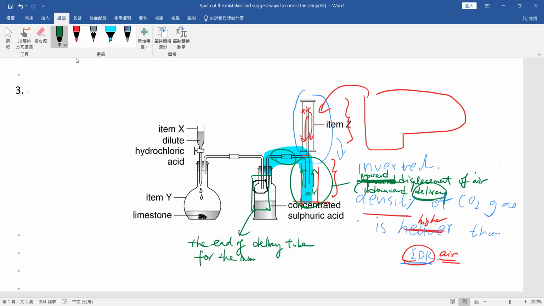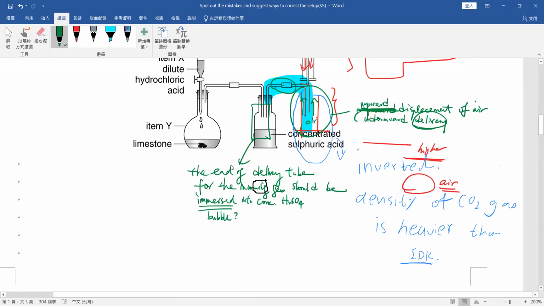For the incoming gas, should be what? Should be immersed. Yes, you use the word immersed into the concentrated sulfuric acid. Or if you don't want to use this word, you should use the word bubble. Bubble can also be a verb. You should bubble the incoming gas into the concentrated sulfuric acid.